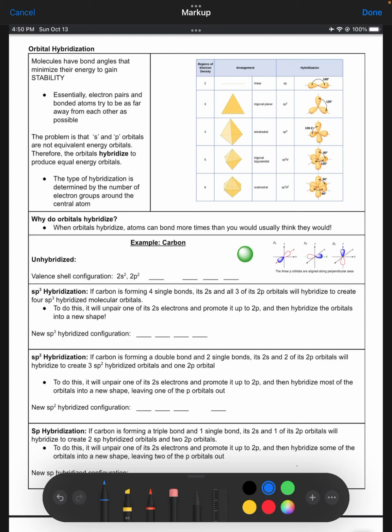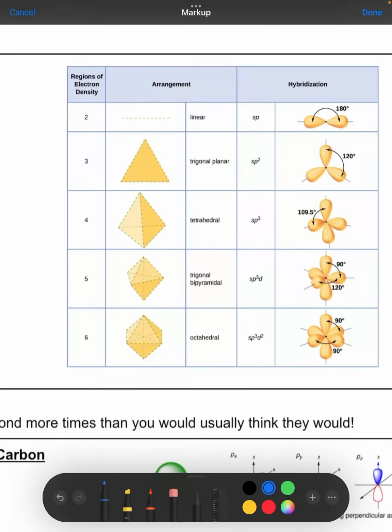So the first thing I want to do now is talk about some of the different shapes and patterns that you might see for hybridization. If you look on your VSEPR chart that I gave you and you find molecular geometry, you find a linear molecule, you find tetrahedral, you find trigonal planar or trigonal pyramid or whatever, and you look in that row all the way to the right-hand side, you're going to see hybridization patterns like these, okay?